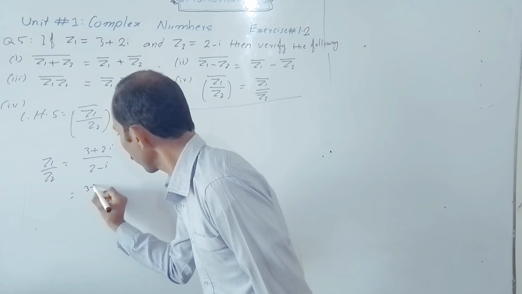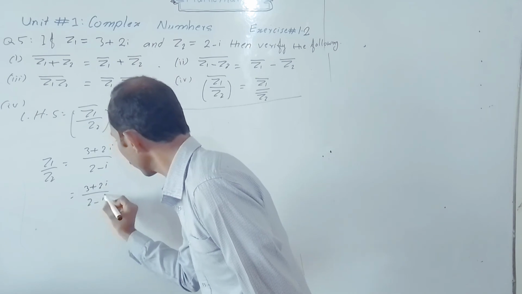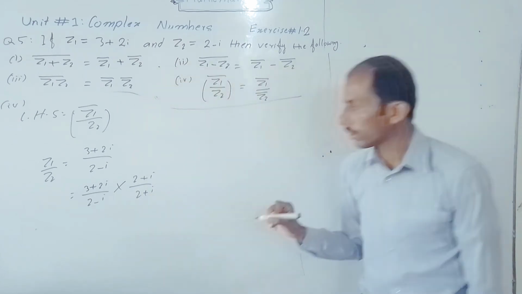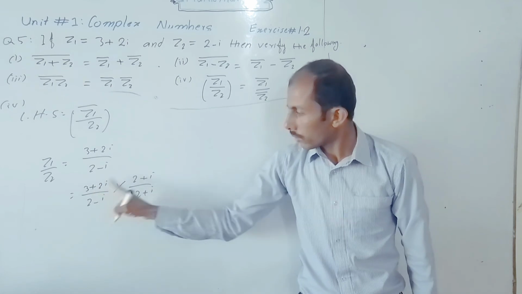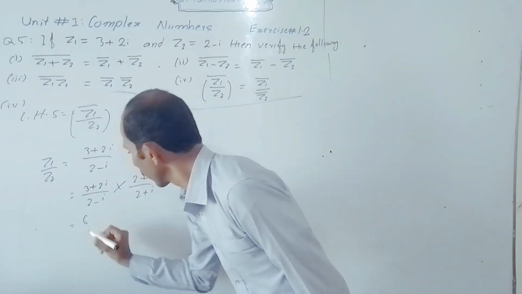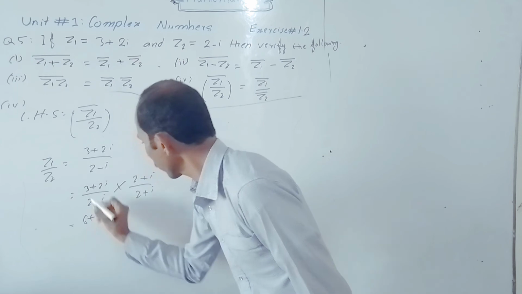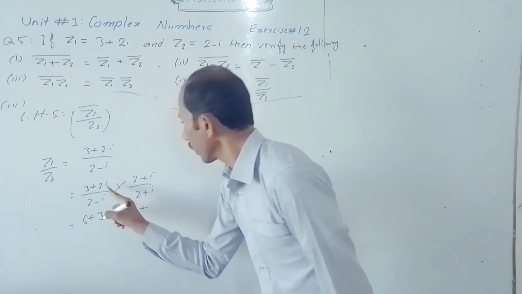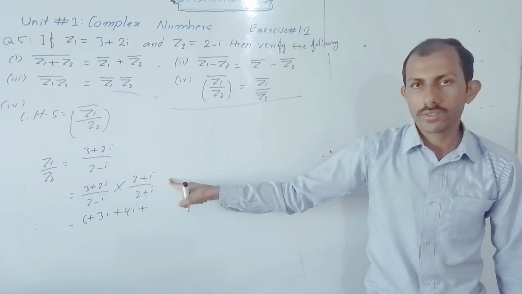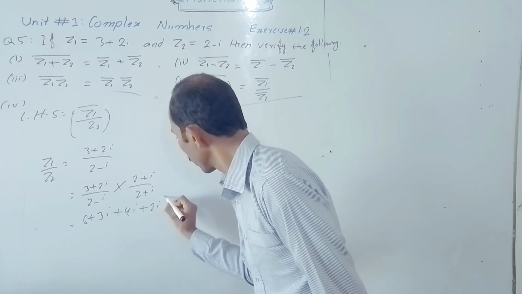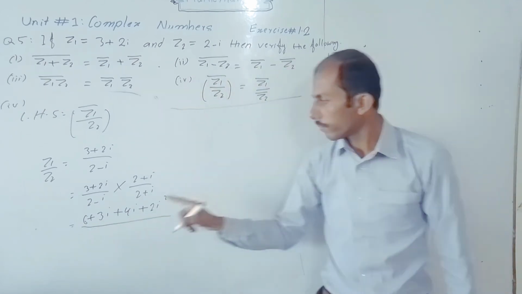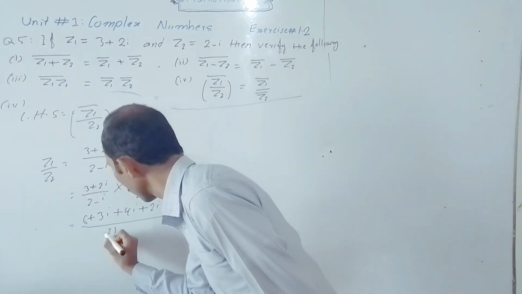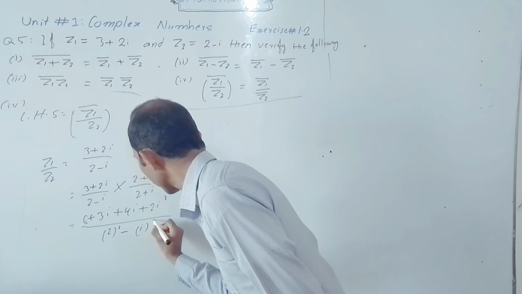So next, (3 plus 2i) divided by (2 minus i), by rationalization, multiply by (2 plus i) divided by (2 plus i). So next, 3 times 2 is 6, plus 3 times i is 3i, plus 2i times 2 is 4i, plus 2i multiplied by i is 2i squared, divided by (2 minus i) into (2 plus i), which can also be written in the form of 2 squared minus i whole squared.